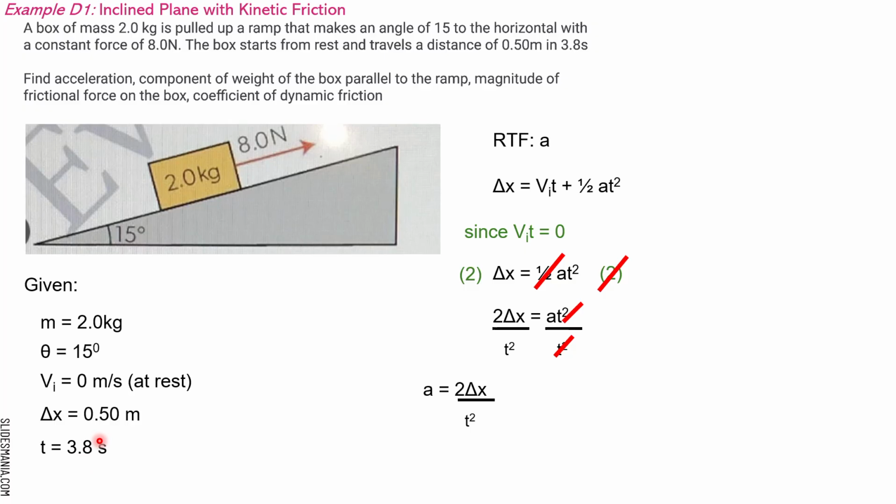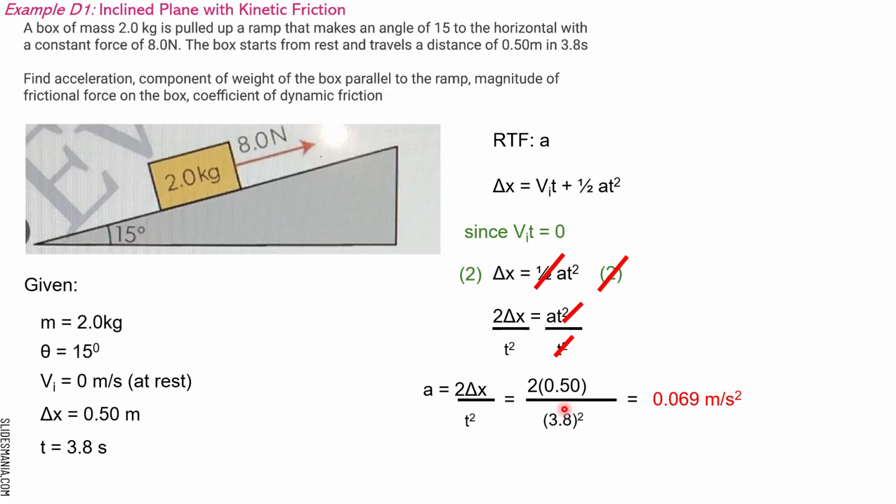Since we know delta x and we know the time, which is 3.8 seconds, we can simply plug in these quantities. So we have 2 times 0.50 over 3.8 squared. This gives us an acceleration of 0.069 meters per second squared.